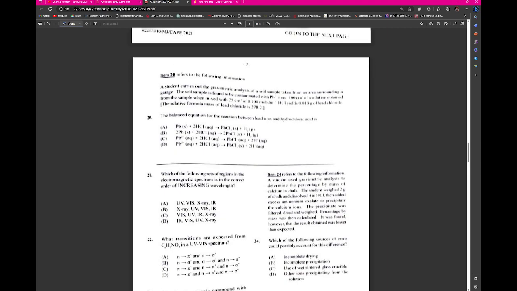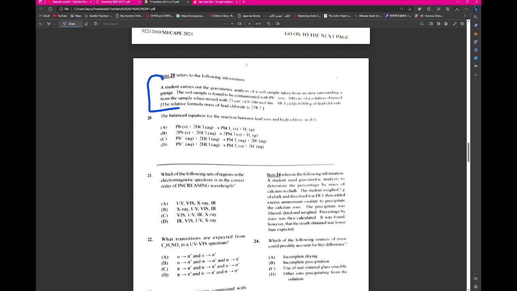Now, a student carries out the gravimetric analysis of a solid sample. What is all of this, man? A solid sample is found to be contaminated with lead ions. 100 centimeter cube of a solution from a sample, when mixed with 25 centimeter cube of 0.1 mole per decimeter cube HCl, yields 0.010 grams of lead chloride, and we get the relative atomic mass. All we want to do now is balance the equation.